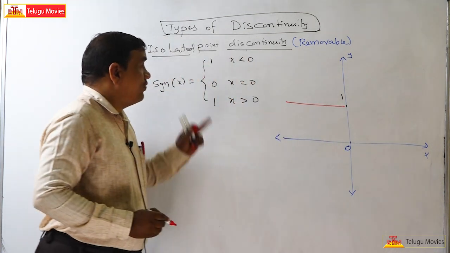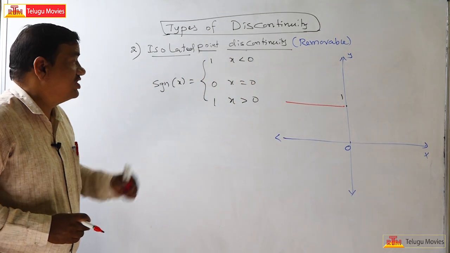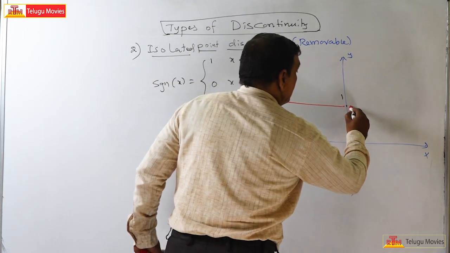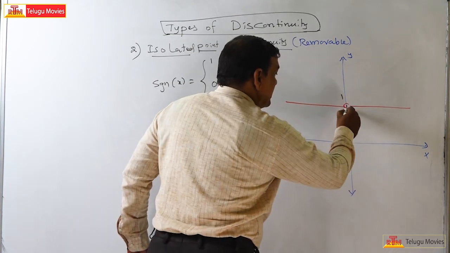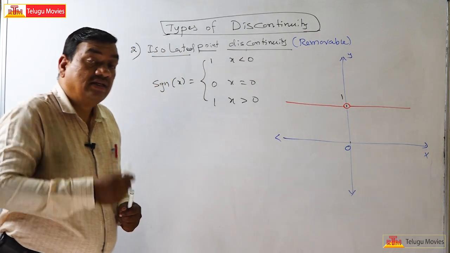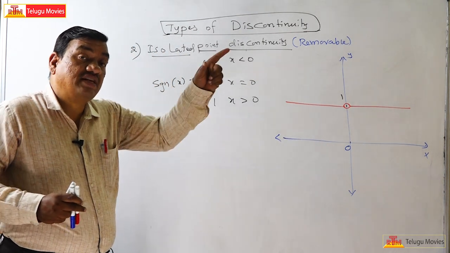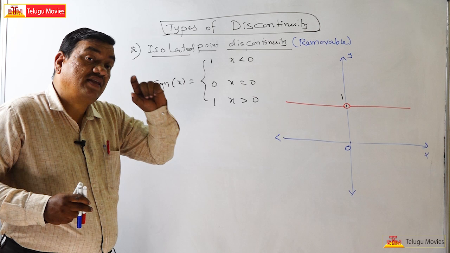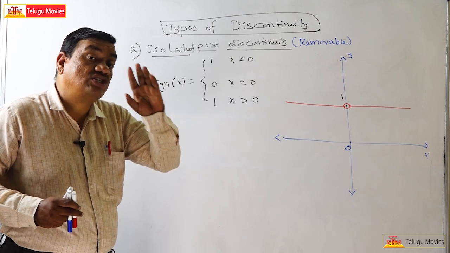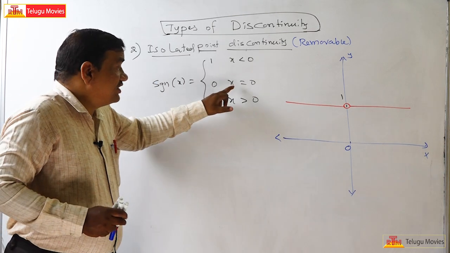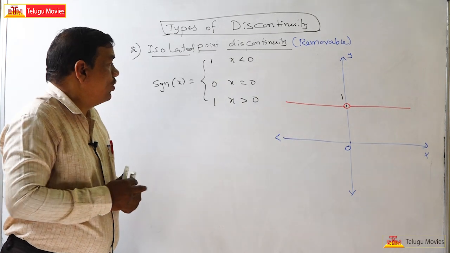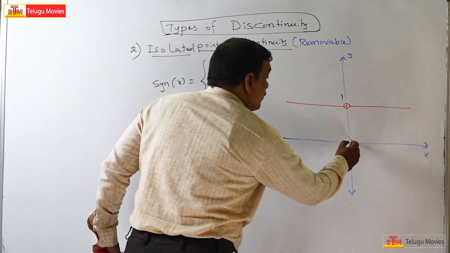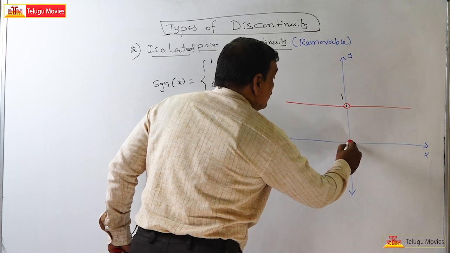For x greater than 0, the function is also defined as 1. But there is a gap. Unlike the previous example, where the function was not defined at x is equal to 1, here the function is defined at x is equal to 0, and it is 0. Understand this?